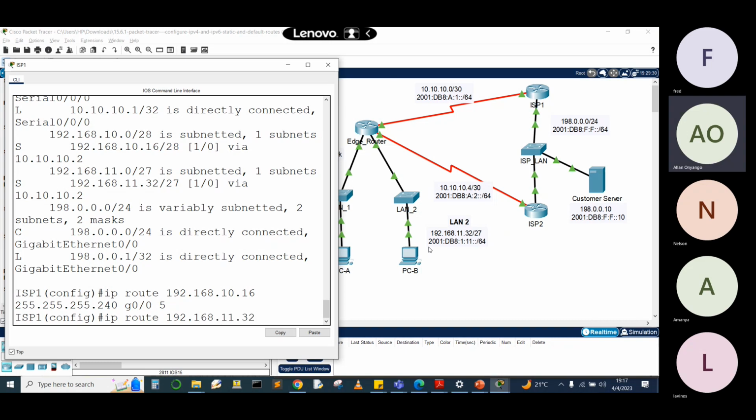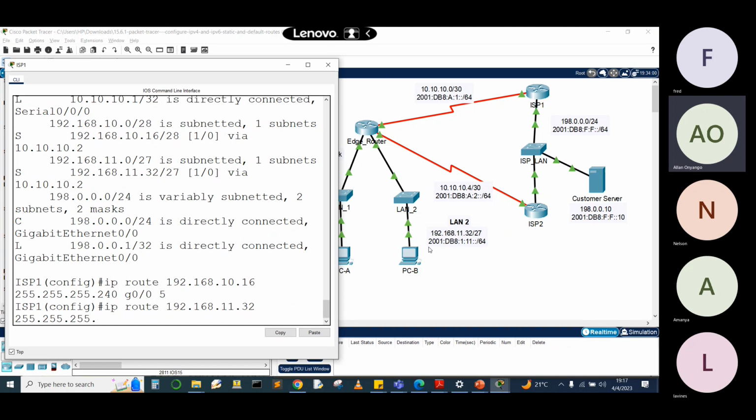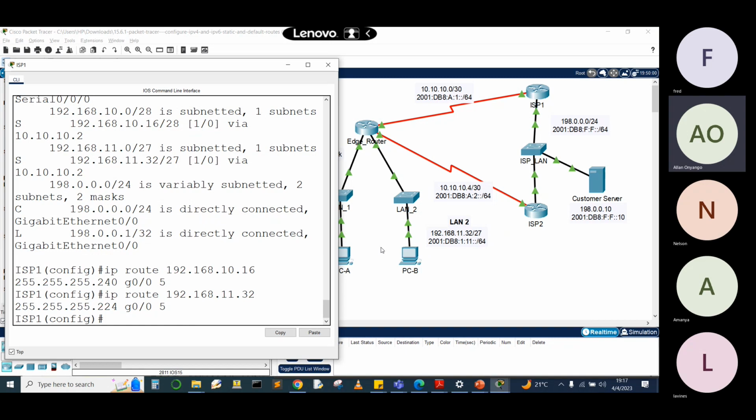That's the network address. 255.255.255.224 is the subnet mask of /27. And we just need to put the exit interface, which is G0/0, and you put an AD of 5, and we are good to go.